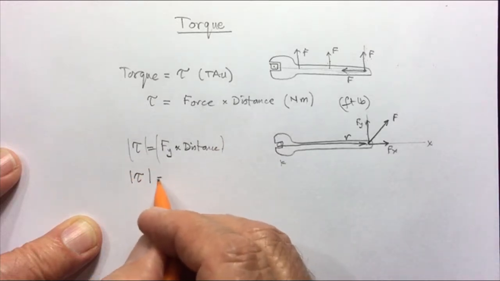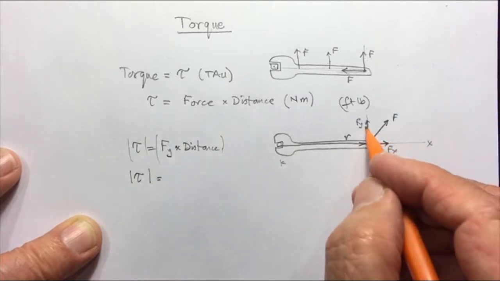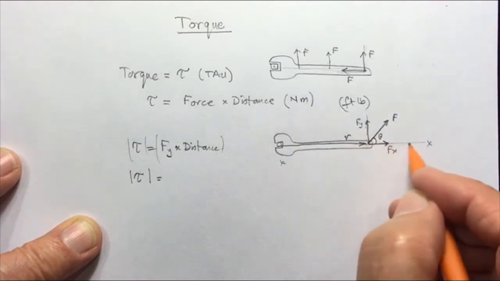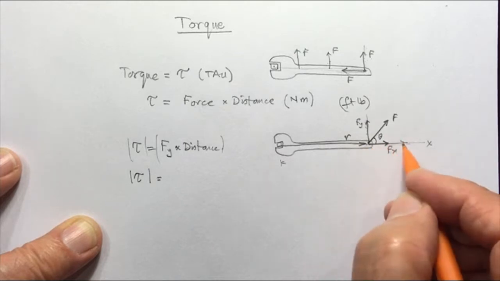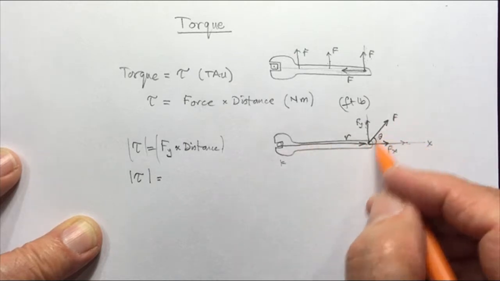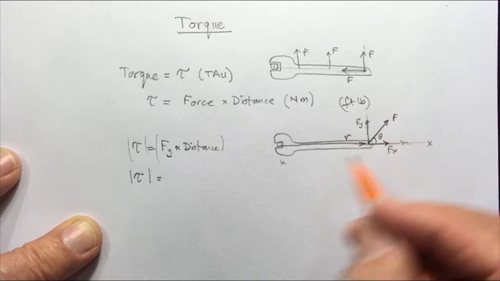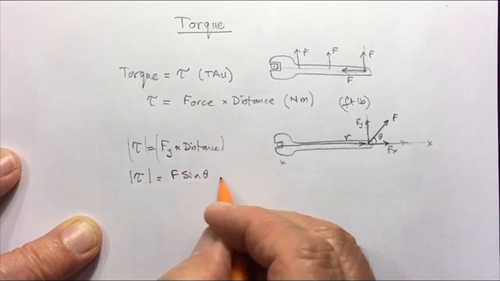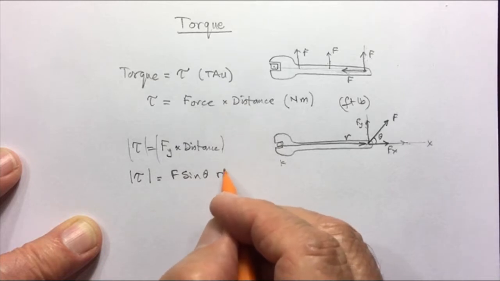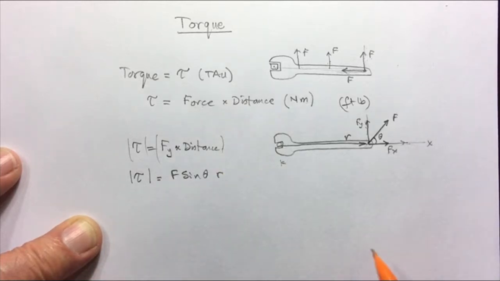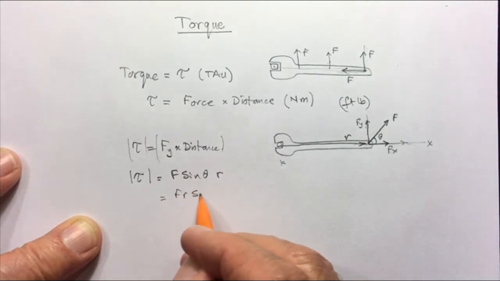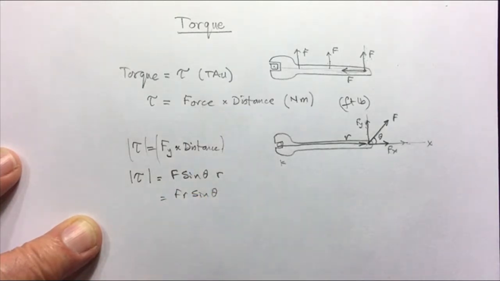The magnitude of the torque is going to be Fy. If that angle is theta, the angle between R and F, then it's going to be F sine theta R, or we can write it as Fr sine theta.